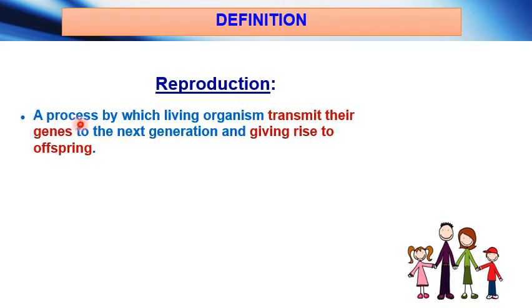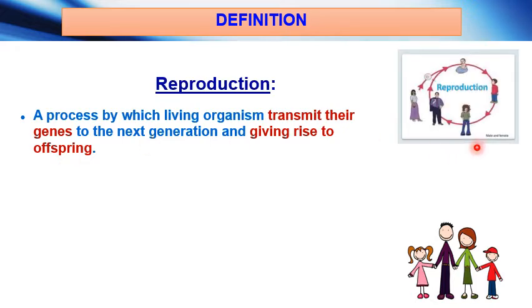Reproduction is a process by which living organisms transmit their genes to the next generation, giving rise to offspring. For example, in this picture, genes from the father and genes from the mother will be transmitted to the next generation in the form of male and female gametes. Male and female gametes will fertilize and produce a zygote or offspring.